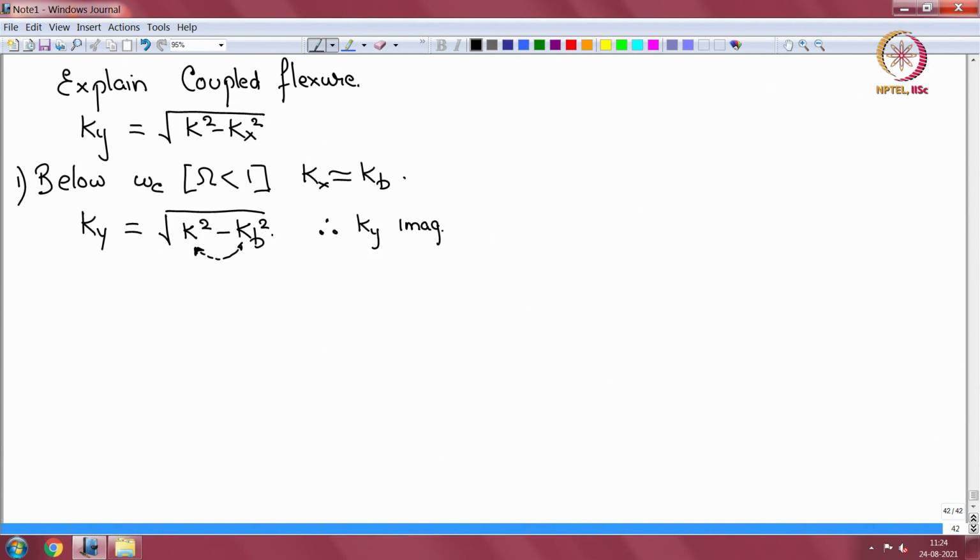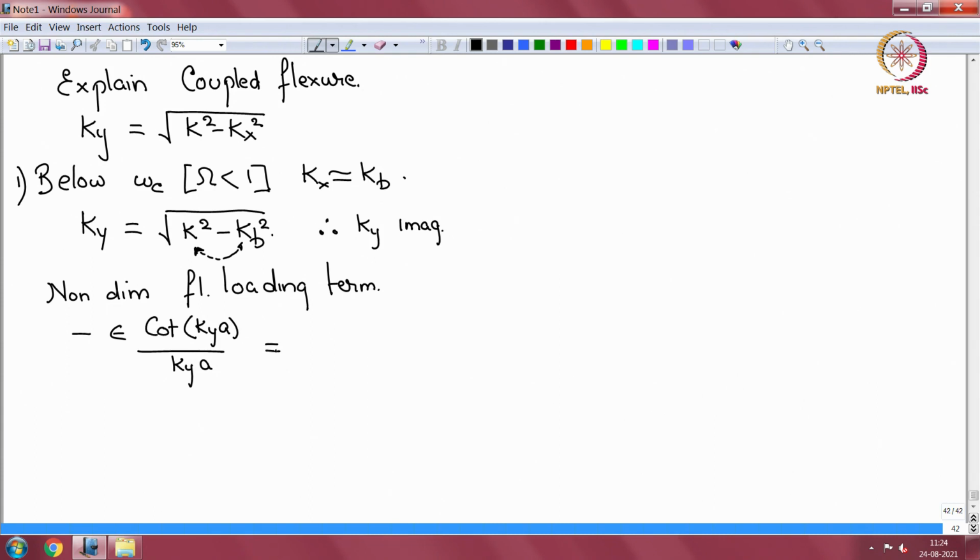Okay, so now what happens? If we look at the non-dimensional form of the fluid loading term, which is just minus epsilon cot kya by kya, that term turns out, let me write it once more, minus epsilon cot of square root of k square minus kb square into a by square root of k square minus kb square into a.